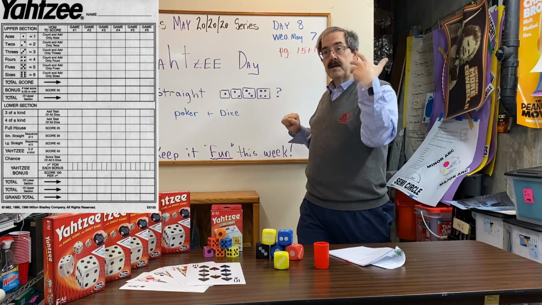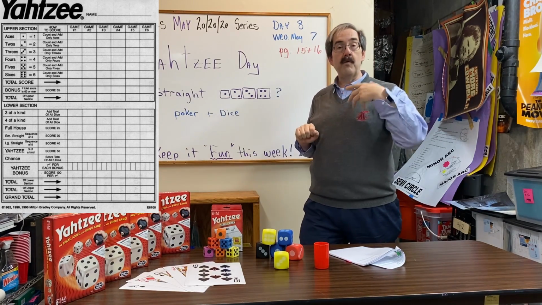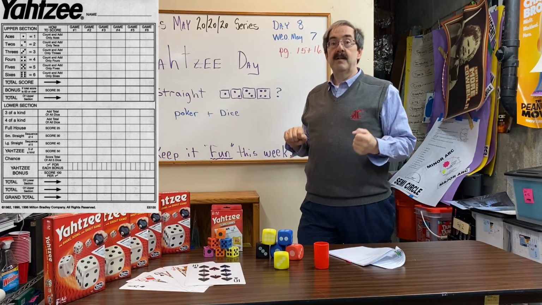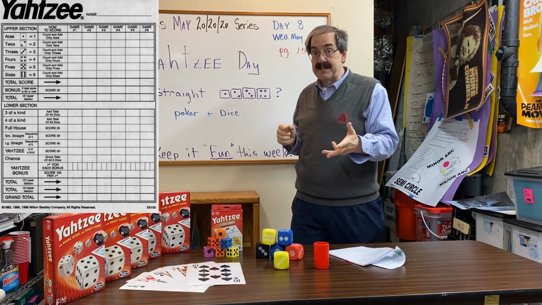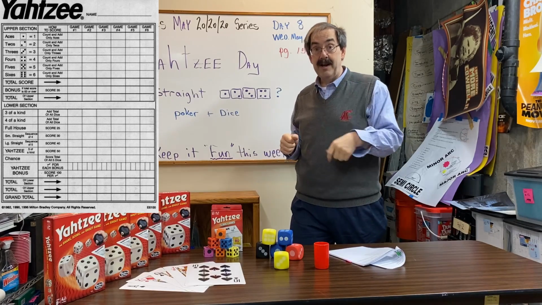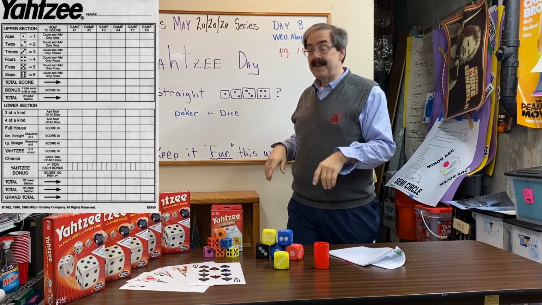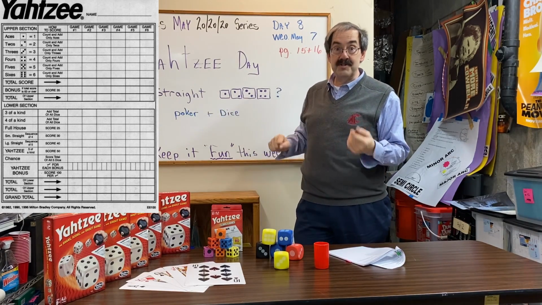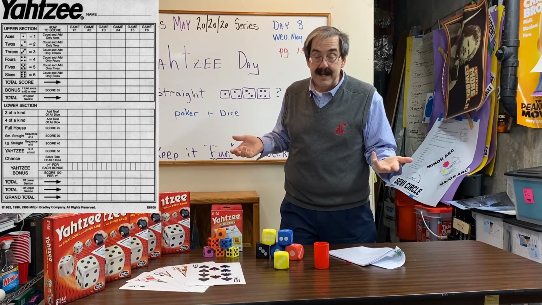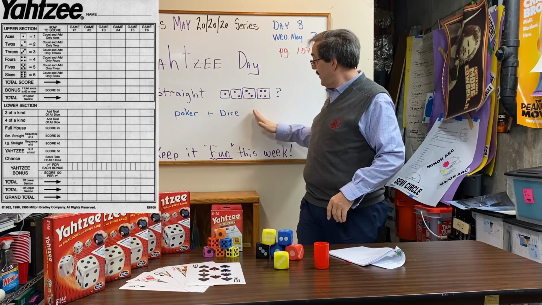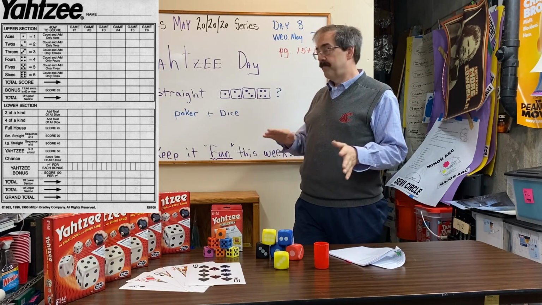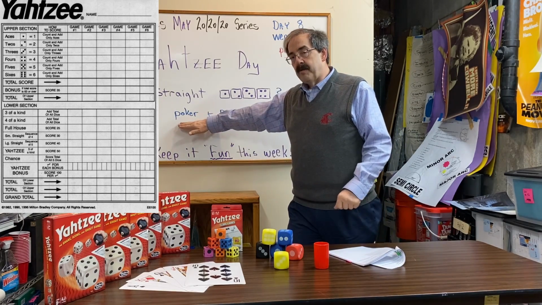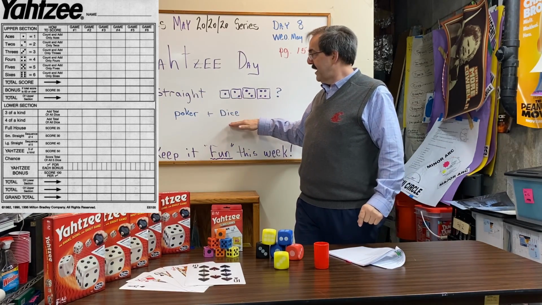If you ever watch poker on TV, or if you ever play poker, the straight is a powerful hand, just like in Yahtzee. Can you get that large straight? Sometimes I think getting the large straight is harder than getting a Yahtzee, especially if you're trying to hit the gut shot straight.